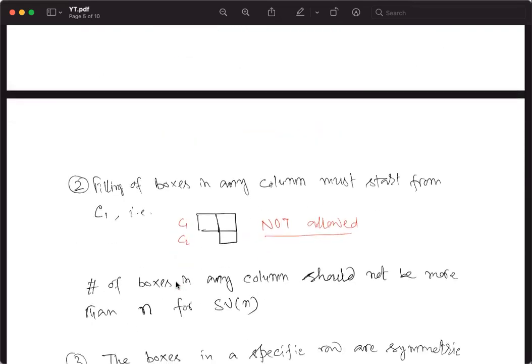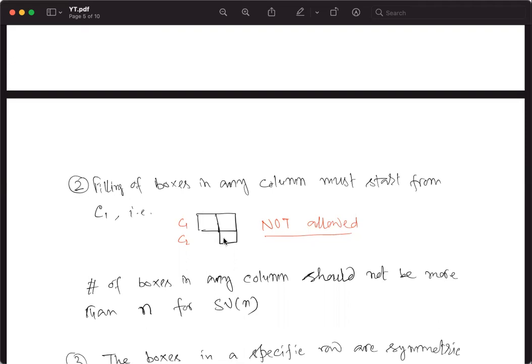Now, about organizing these boxes column-wise, we need to remember while setting up these boxes that we always fill them starting from C1, that is the first column. That means in the first row, if we have C1 and C2, then C1 will be here and C2 will be there. So in the first row, we have kept one box at C1 and another box at C2.